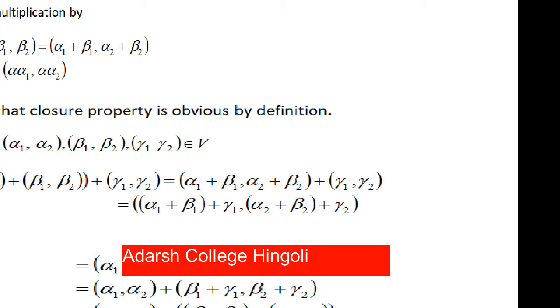On your screen you can see the first property of a vector space that we have taken, a group. Consider three elements, ordered tuples: (alpha 1, alpha 2) as the first element, (beta 1, beta 2) as the second element, and (gamma 1, gamma 2) as the third element.